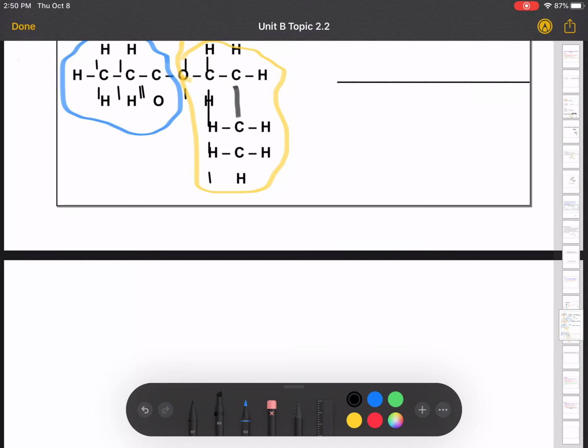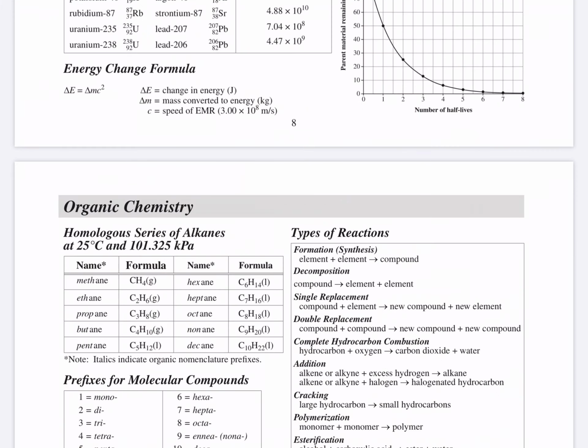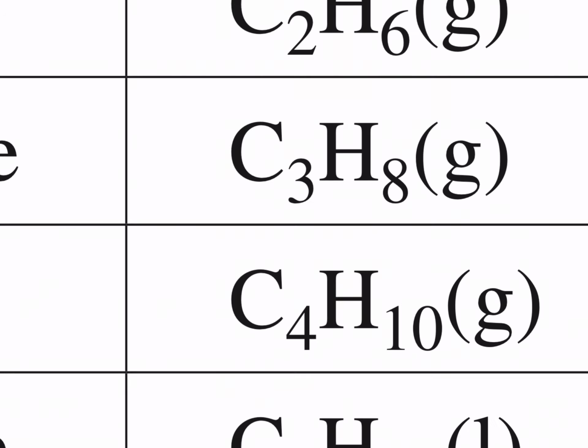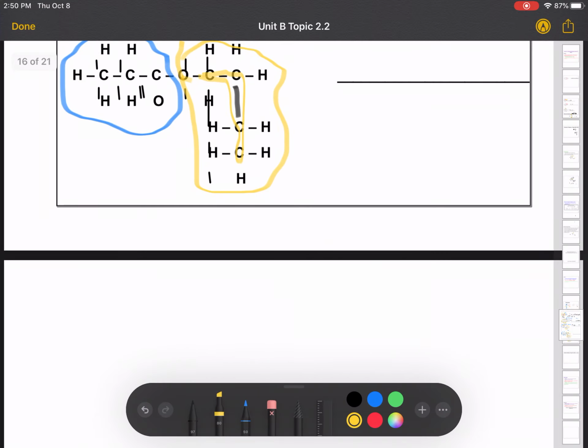So if we follow this chain, this is the chain of carbons. So it's a 4-carbon chain. That 4-carbon chain would be but, B-U-T. So this becomes a butyl.